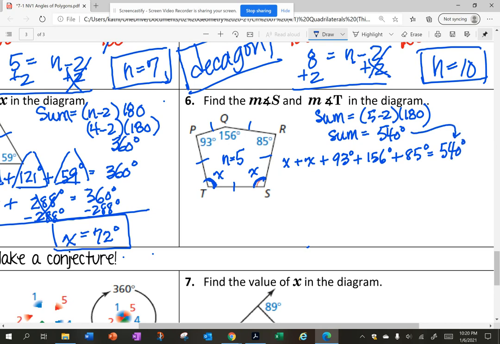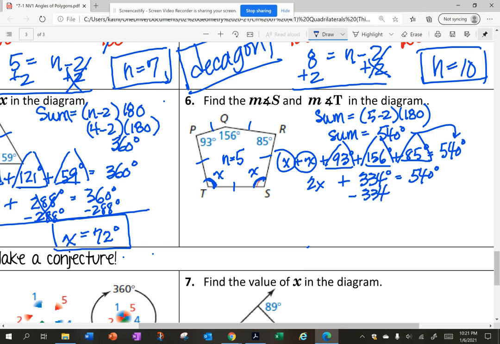So if I combine like terms, I'm going to add x plus x and get 2x. And 93 plus 156 plus 85 is 334 degrees. And that equals 540 degrees.